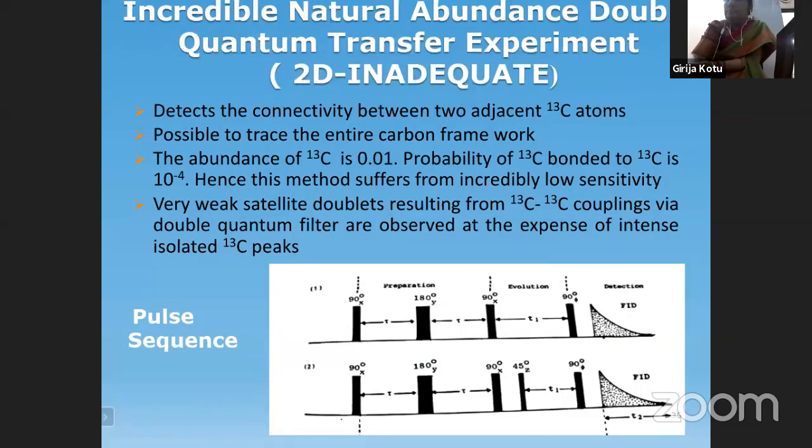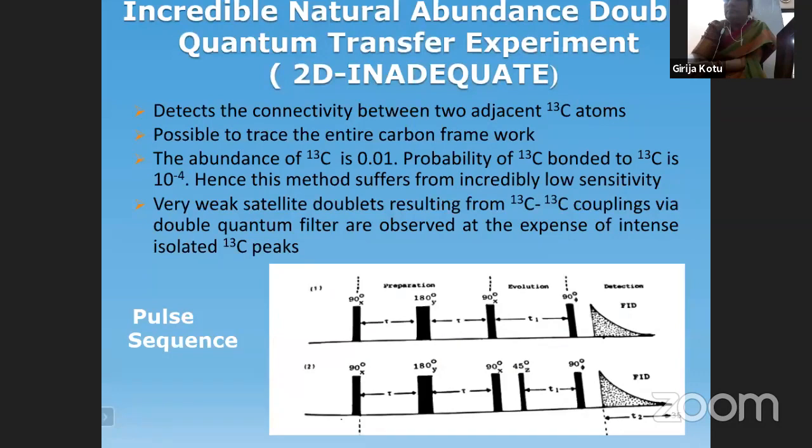Why is it so? The reason is this shows the connectivity between carbons. And to know the connectivity between two carbons is not that easy, because the most abundant isotope of carbon, that is C12, is non-magnetic. And whenever you want to take the NMR spectrum of any nucleus, it has to be magnetic.